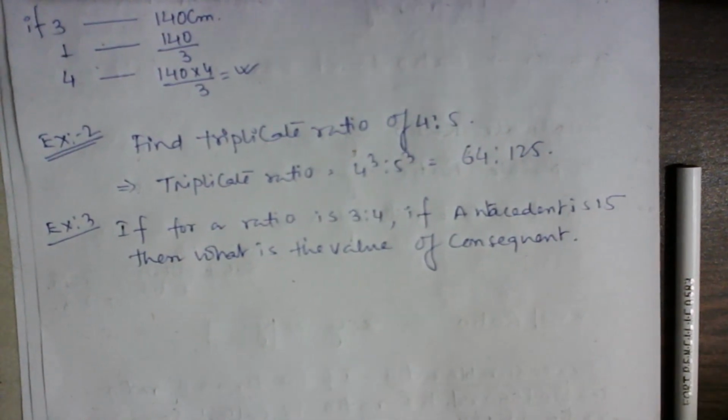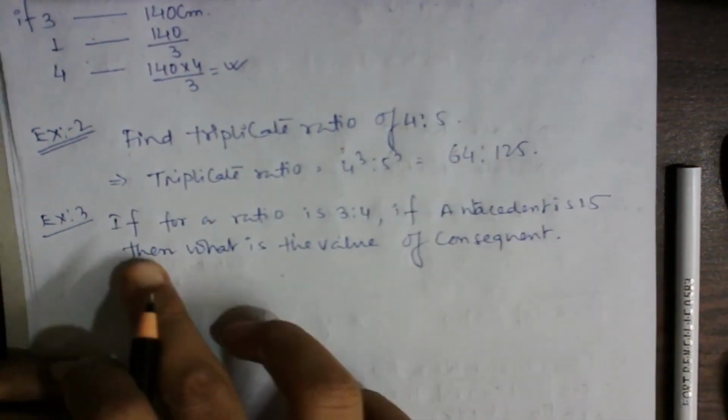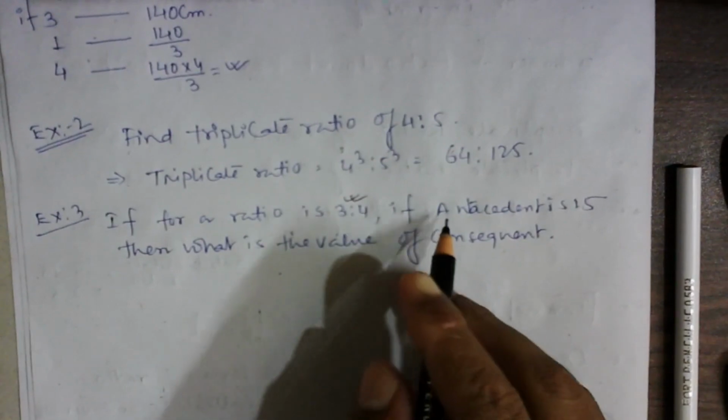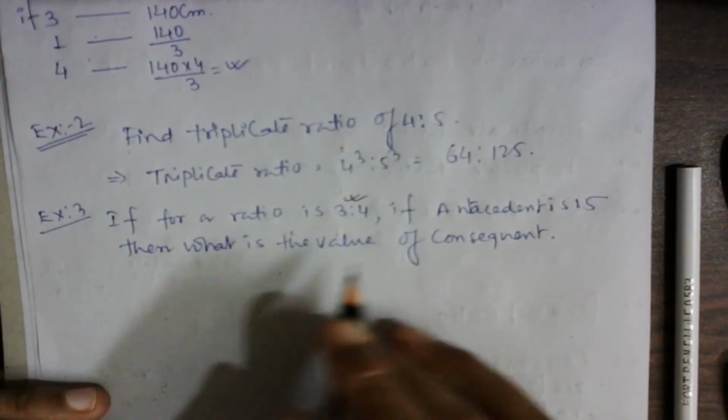That we need to understand. So if 3:4 is there and the antecedent is 15, then we need the value of the consequent.